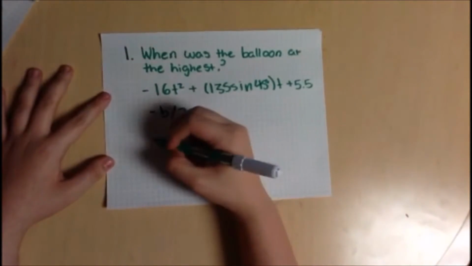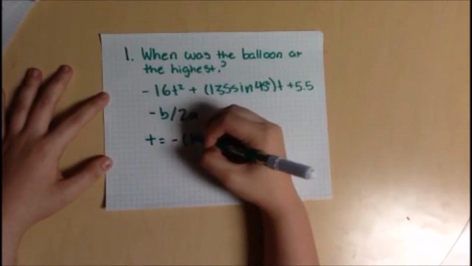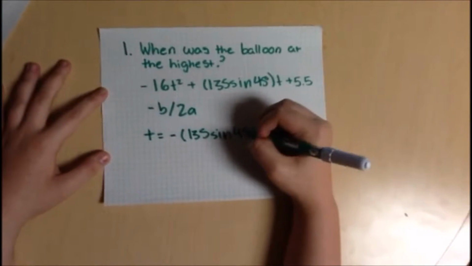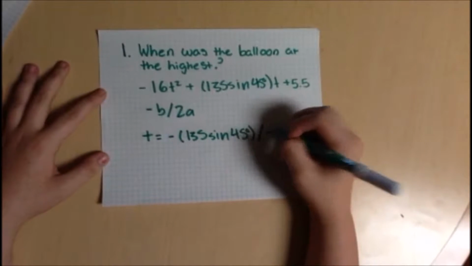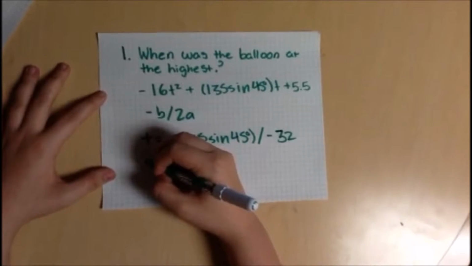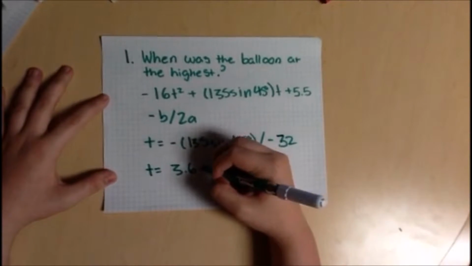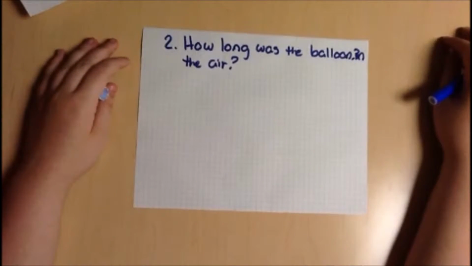And so when you plug that in, you find t is equal to negative 135 sine 45 degrees, and then you divide that by negative 32, and then you find that t is equal to 3.6 seconds.